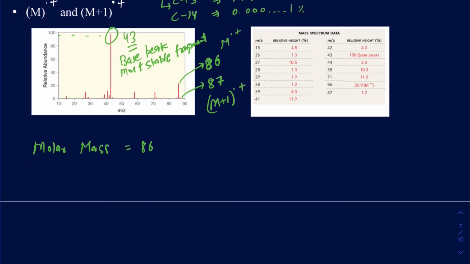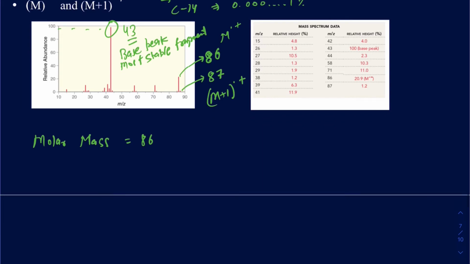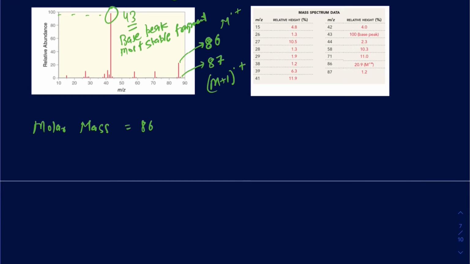Now, suppose I have a molar mass of 86 and I want to predict what the formula could be. I know I'm going to have carbons and hydrogens. Carbon's molar mass is about 12, or 12.01 to be exact, and hydrogen is 1.008, or 1 as a rough estimate.